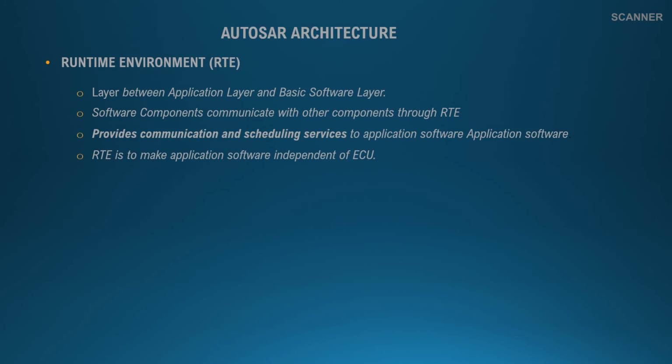RTE also provides communication and scheduling services to software applications. It basically controls the runtime behavior of the application layer and implements the data exchange between multiple software components. The purpose of the RTE layer is to make application software independent of a mapping to a specific ECU. This permits software components to be reused or relocated to different ECUs in a vehicle.